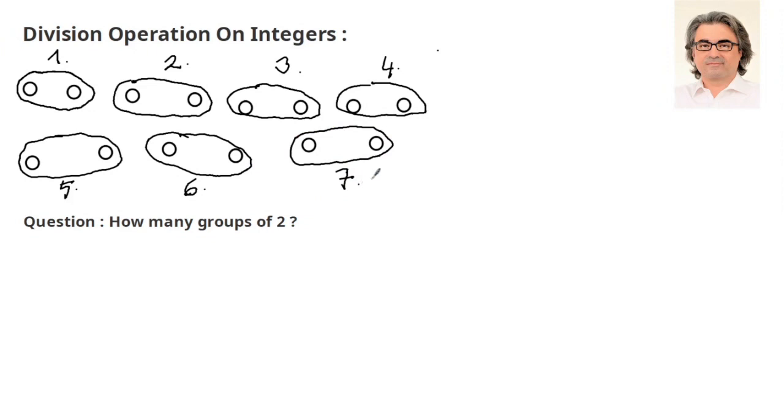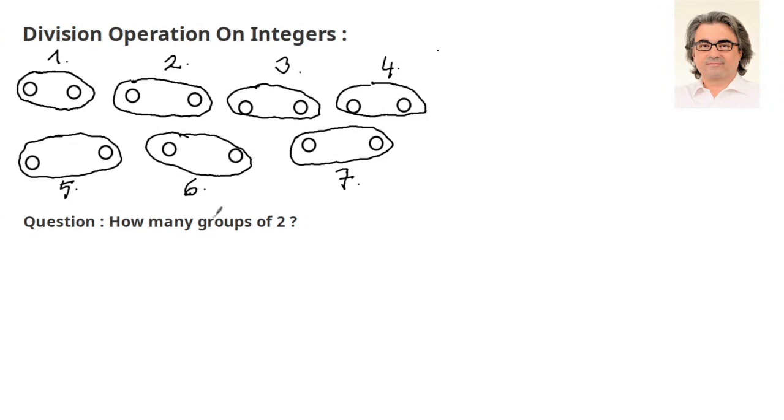As you see, there is no circle outside in any group. So the number of total circles is enough to make 7 groups without remainder.